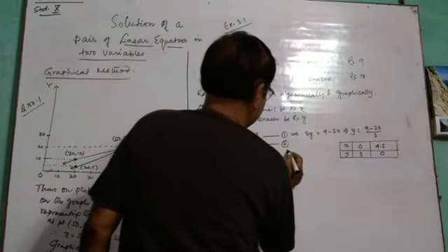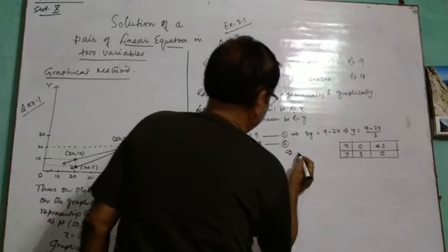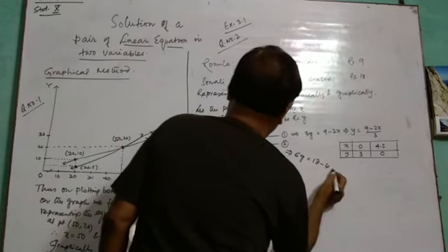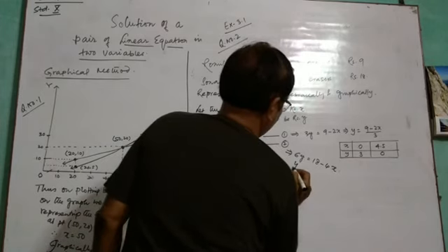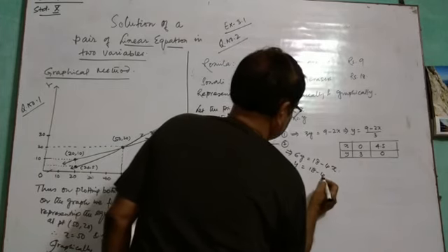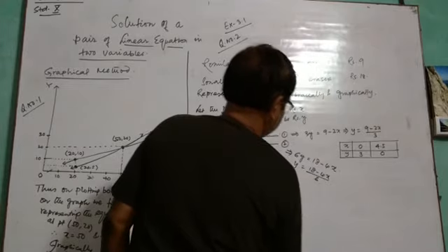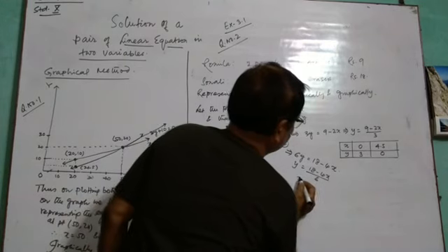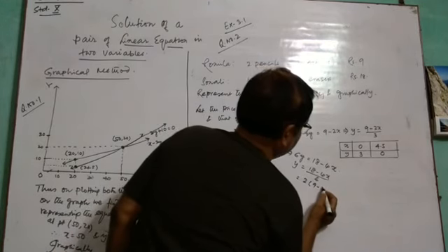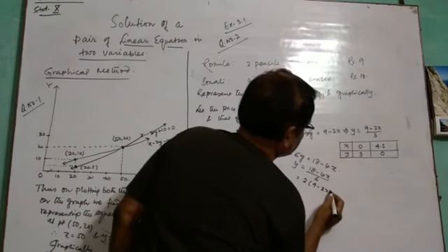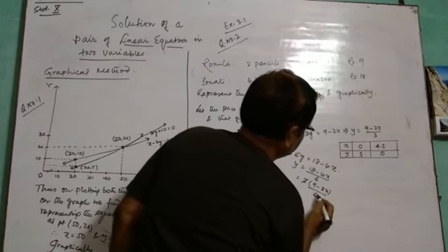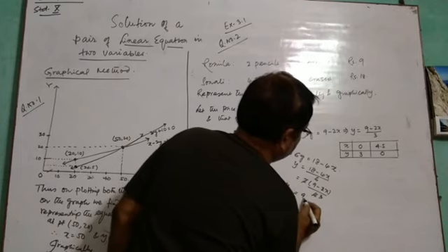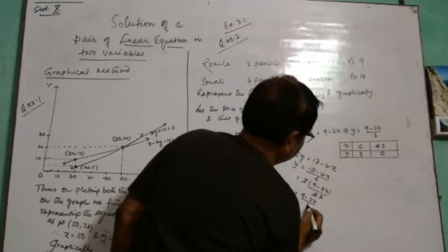The second equation we can write 6y is equal to 18 minus 4x, or y is equal to (18 minus 4x) by 6. You can take 2 as common: (9 minus 2x) by 3. See, y is equal to (9 minus 2x) by 3.